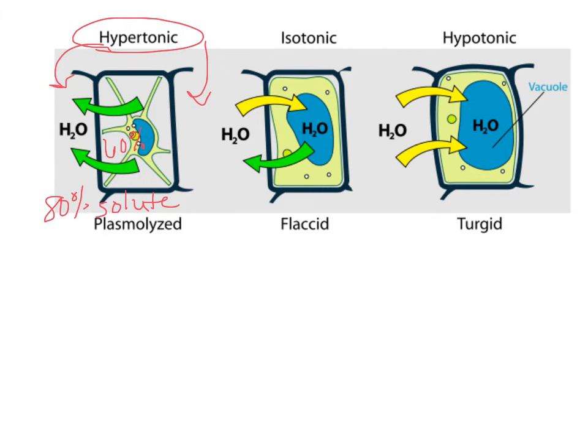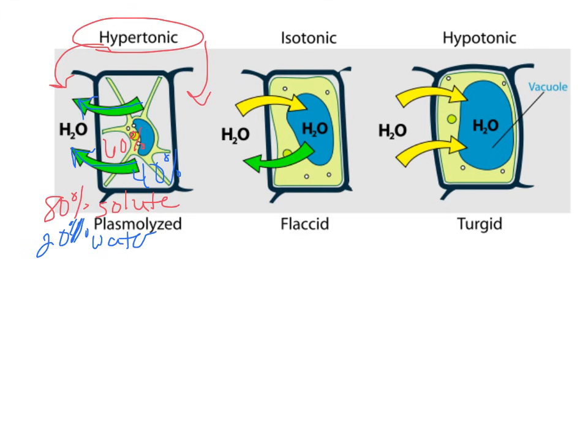Okay, so if I'm at 80% solute, then I have to be at 20% water. If I'm at 60% solute, I have to be at 40% water. Water flows high to low. So as you can see, water is going to leave this cell. But because the cell has a cell wall, it's not necessarily going to shrink the whole cell.